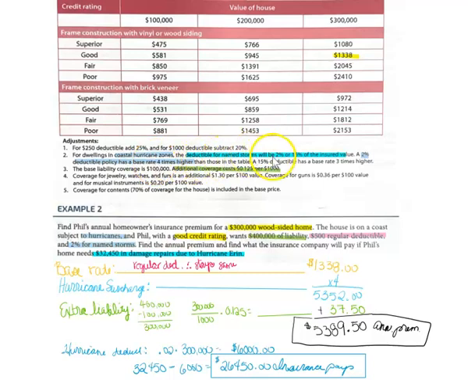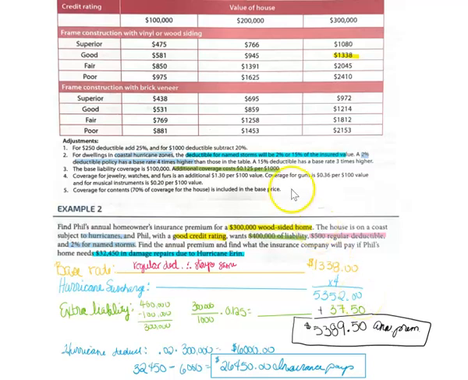If he chose a higher deductible, 15%, he would have a base rate that's only 3 times higher. But because he's choosing the lower deductible, he has to pay a higher premium. So we take this $1,338 and multiply it by 4. That gives us every year his base with the hurricane insurance is $5,352.